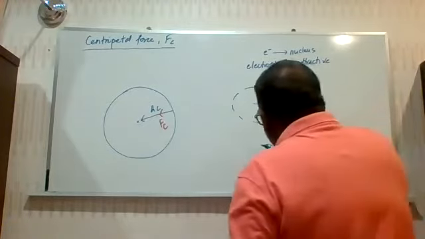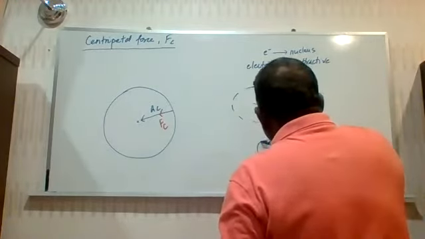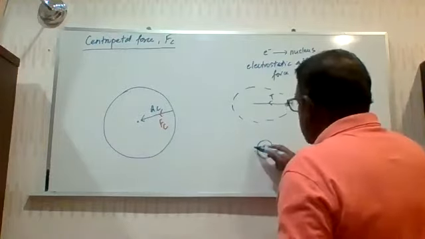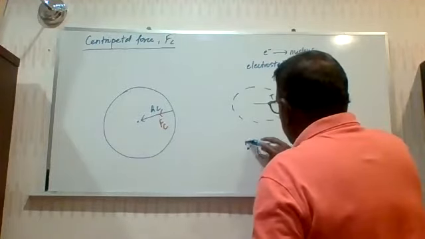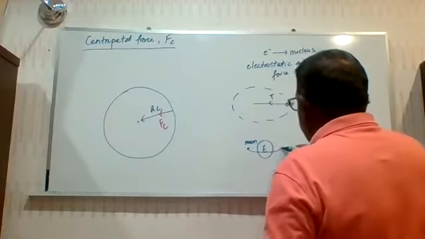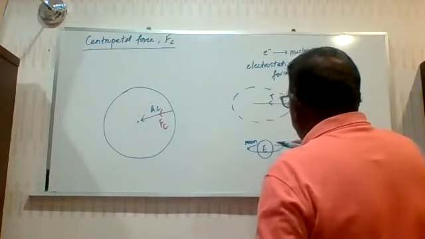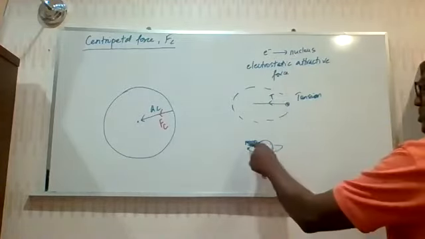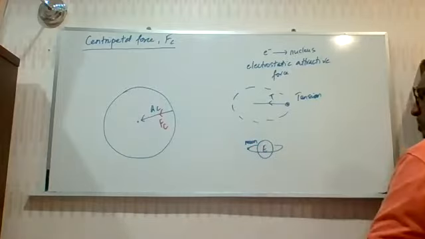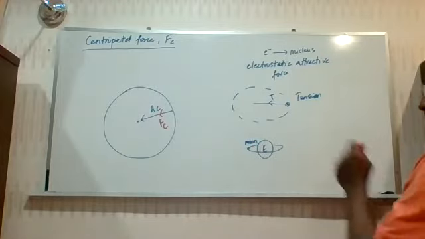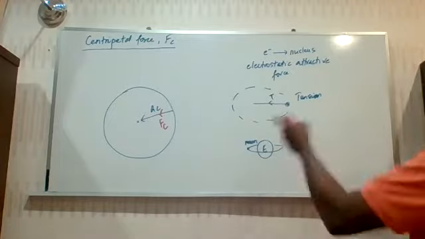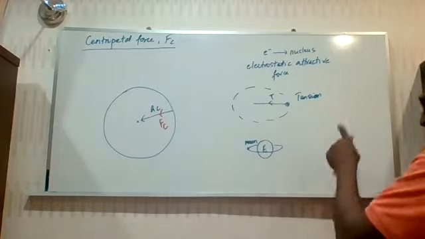Now, you also know that the moon moves around the earth. This is your earth, and the moon moves around the earth in a circular motion. What causes the moon to move around the earth in a circular motion? Of course, it's centripetal force, but that's not the name of the force. That's a general term.